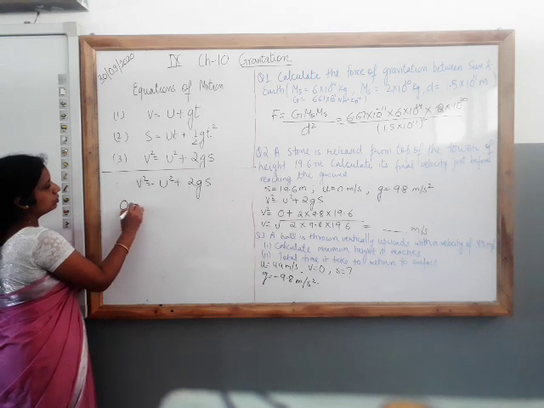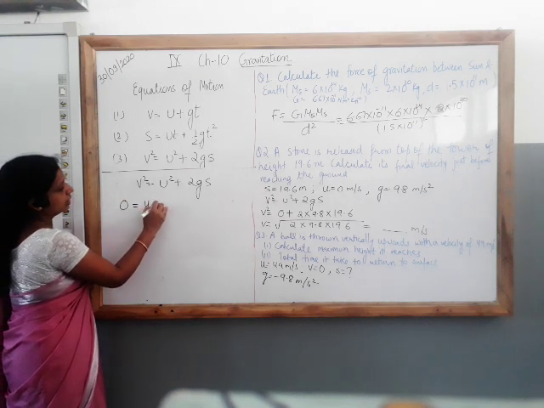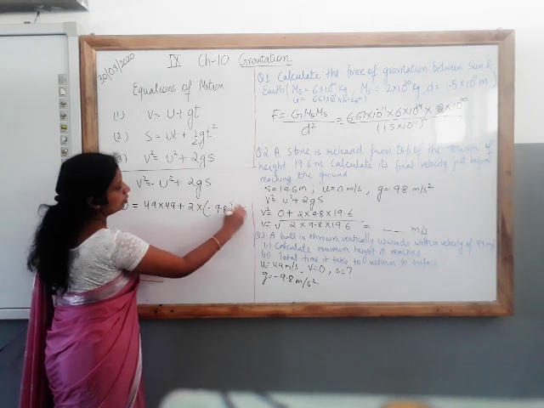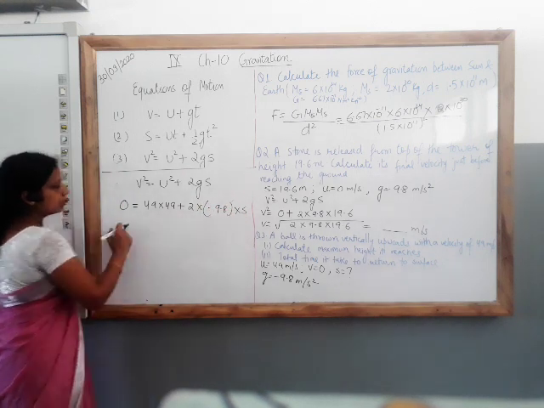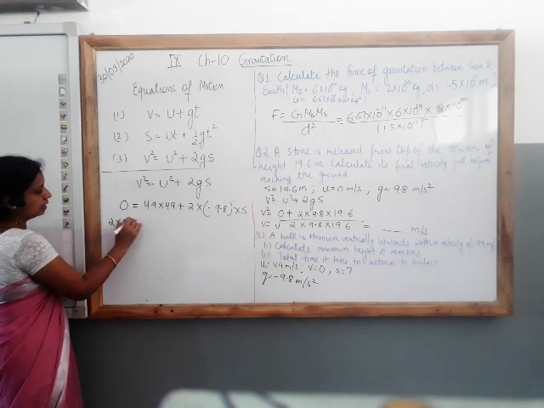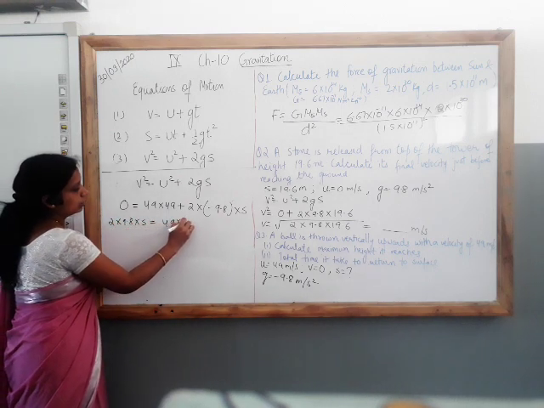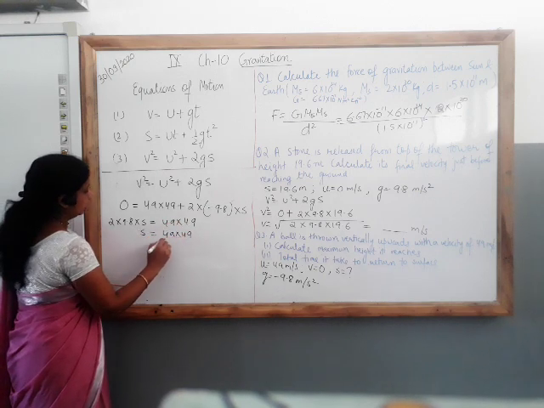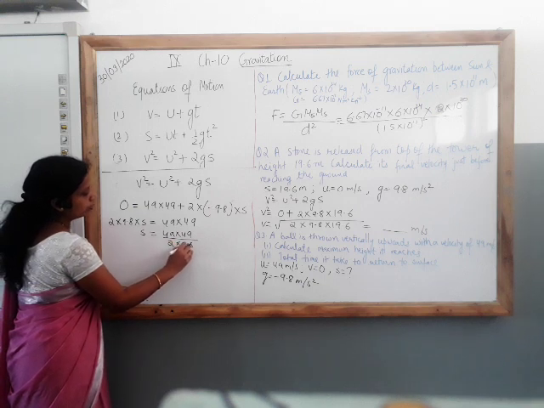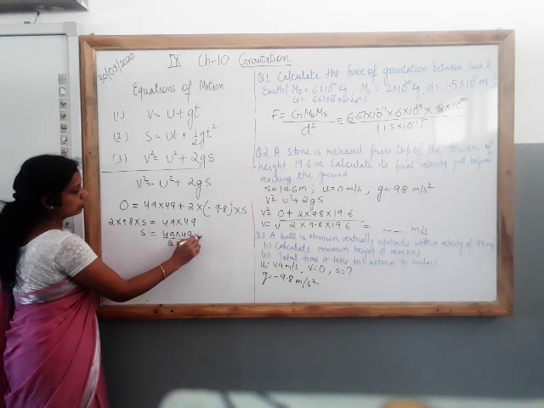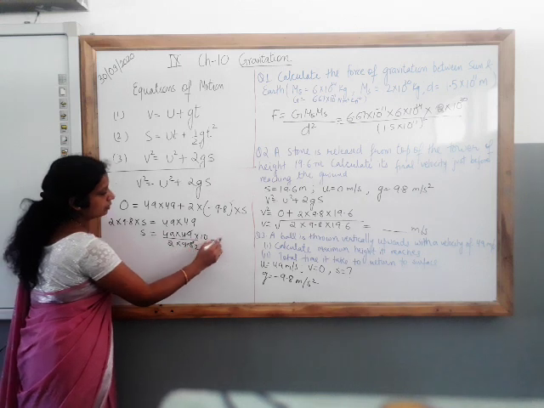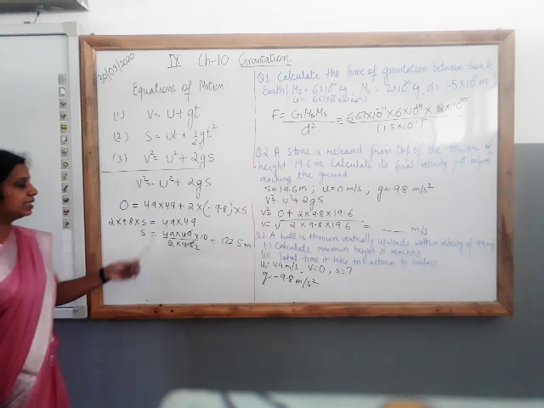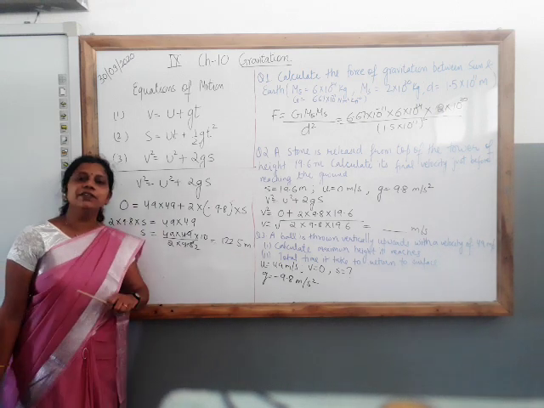So this is 0, U square is 49 into 49 plus 2 into minus 9.8 into S. So take this to this side, so it becomes 2 into 9.8 into S, 49 into 49, or S equal to 49 into 49 divided by 2 into 9.8. So this point you can remove, write 10, 2. When you solve this, you will get something around 122.5 meter. So maximum height this ball will reach is 122.5 meter.